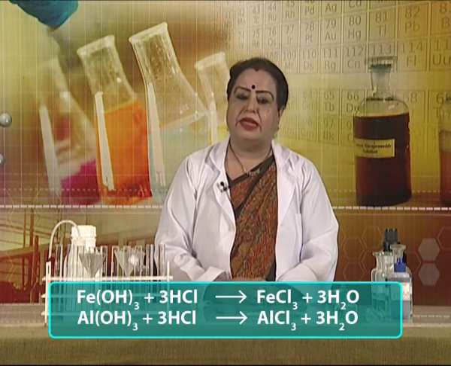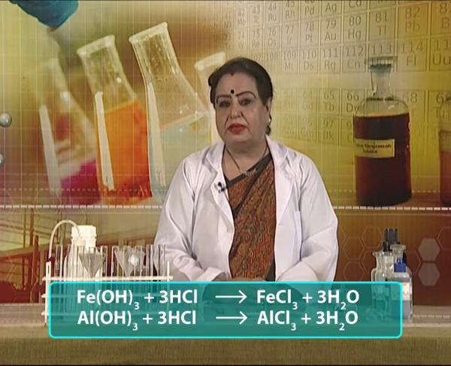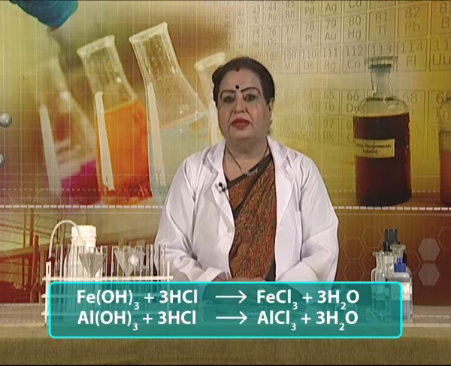That gives us an initial hint that which of the two cations are present in the given salt, which may be known to us or which may not be known to us. So, when we get these hydroxides, basically then we dissolve them in dilute hydrochloric acid and get their chlorides to further perform the confirmatory tests.